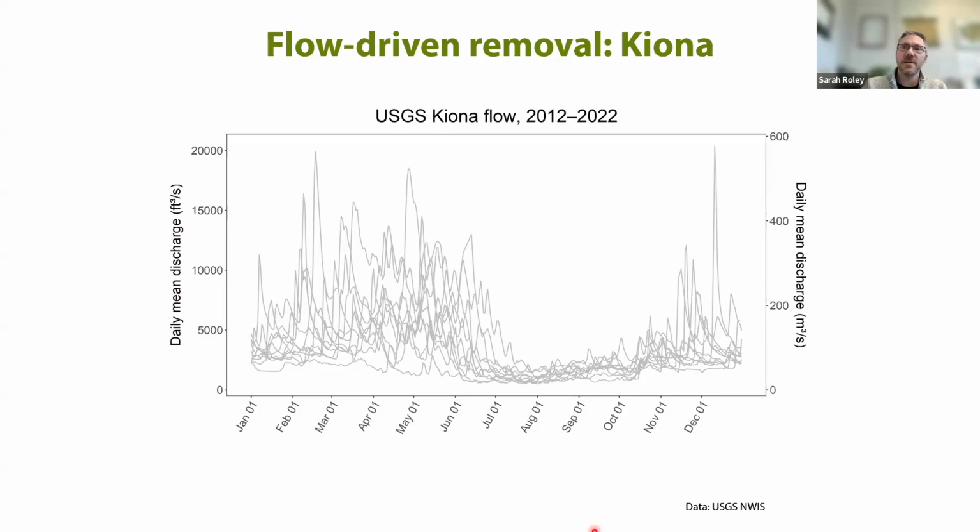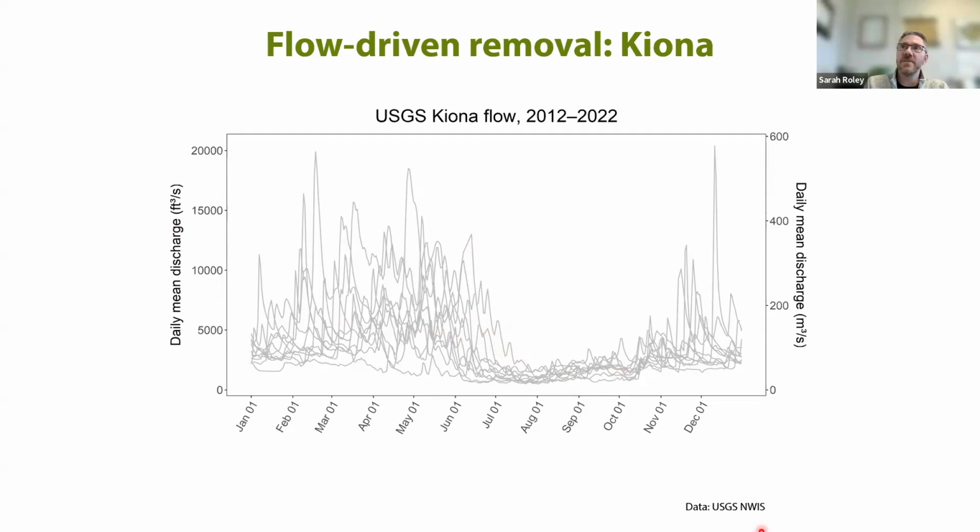These are water flows in the Yakima River at Kiona from 2012 to 2022. And what you can see is there's a lot of variability here, right? All the lines are just overlapping each other. Different patterns in different years, but every year, as we hit the late spring and early summer, flows drop quite low, stay low all summer long, and eventually start to rise again in the fall.